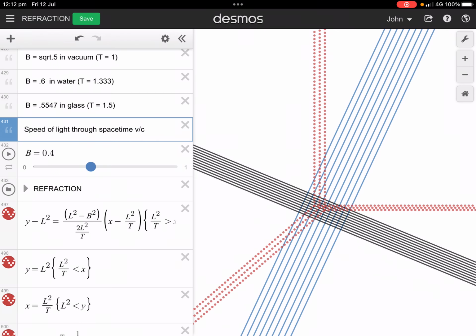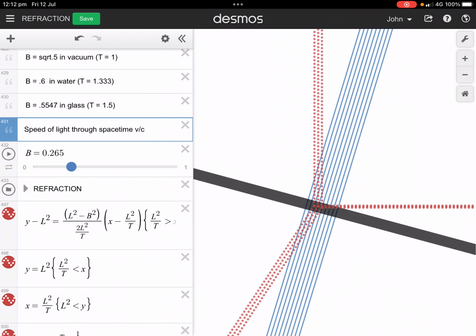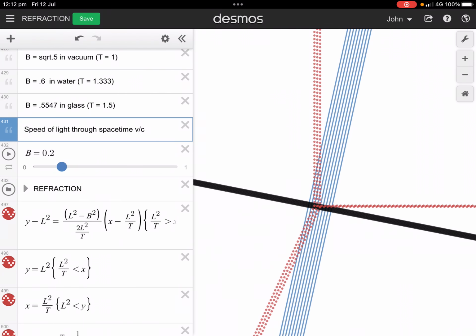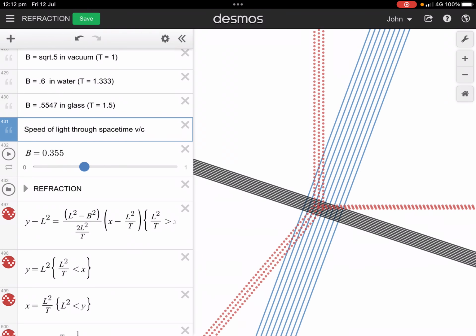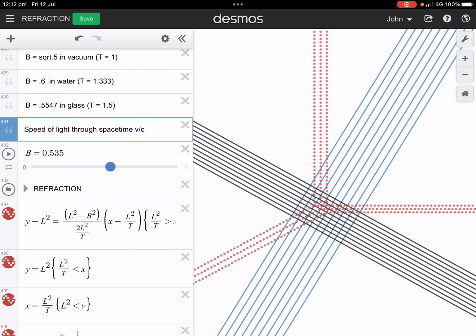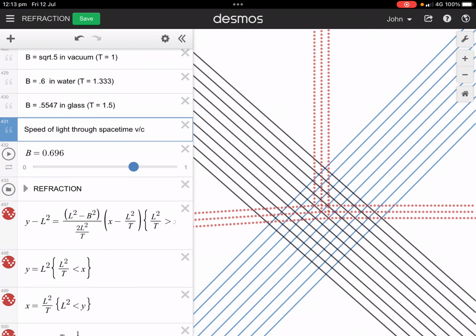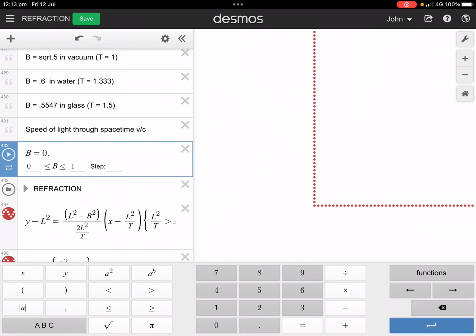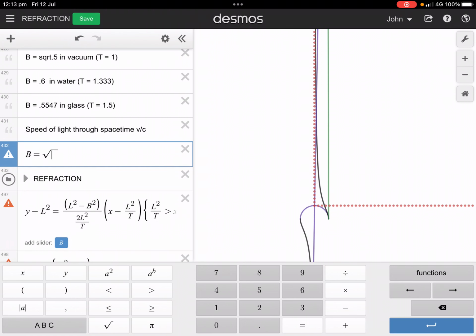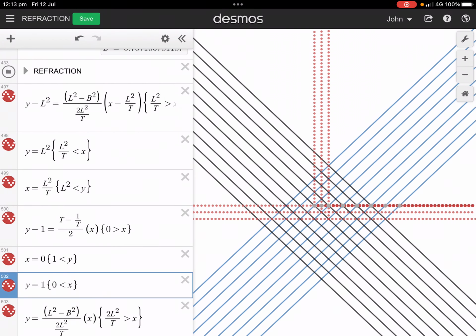The higher the refractive index, you can see the distance is decreasing like that. Okay, so let's go back to just passing through the vacuum itself, where the angle of incidence is the same as the angle of transmission, so that's just going through the vacuum, in other words.